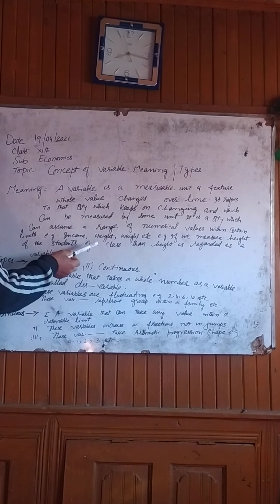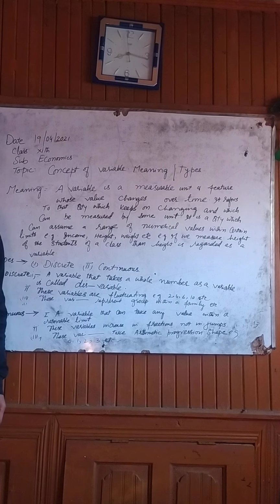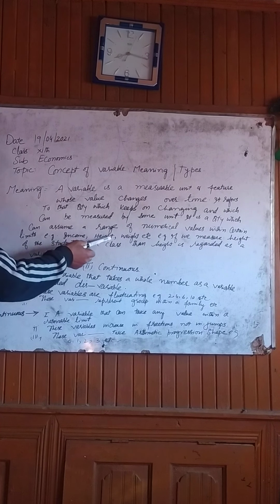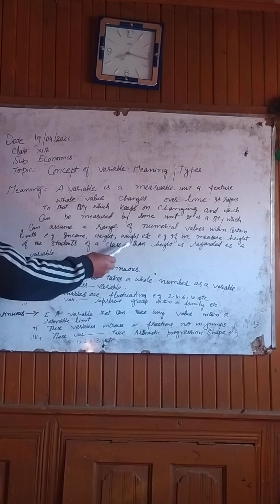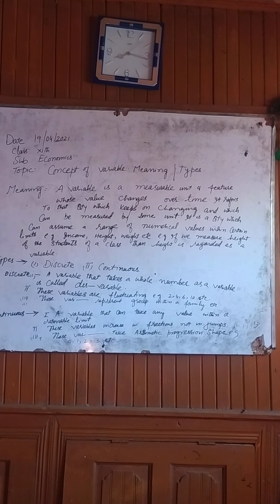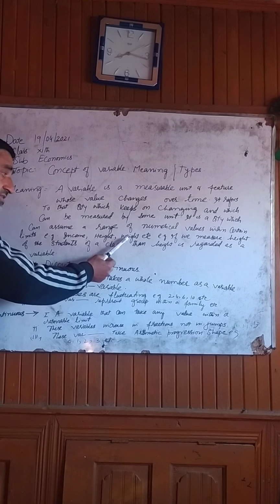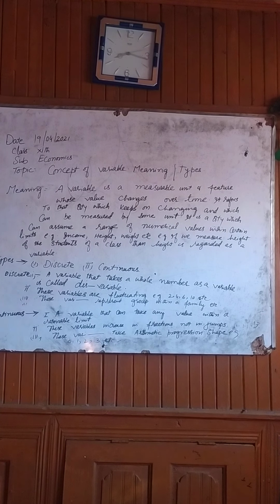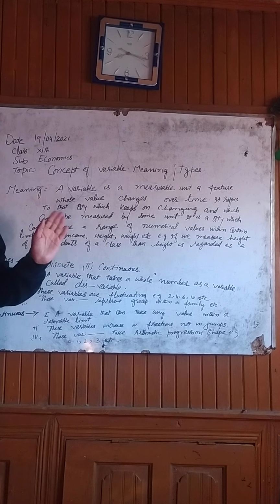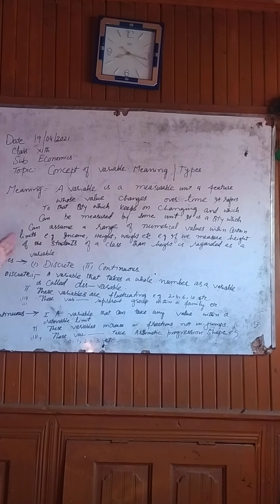Similarly, if we want to know the height of the students reading in 11th class, we take height as a variable. If we want to know about the weight of the students, the weight will itself stand as a variable. Okay?